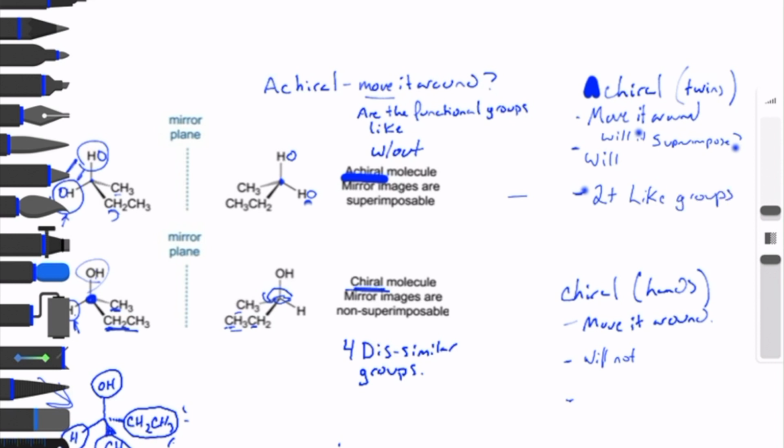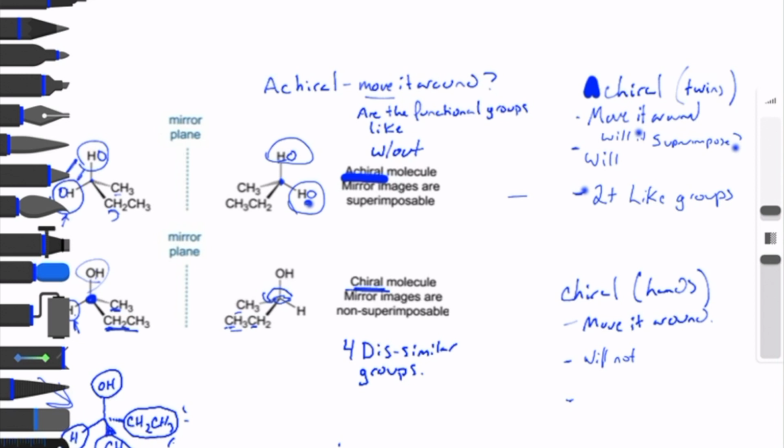That way you can kind of forget about one of the planes or one of the orientations, like the 2 hydrogens we had over here. These are a big part of why it was achiral. So if you have 2 or more like groups, play around with it because there's a strong chance it'll be achiral.